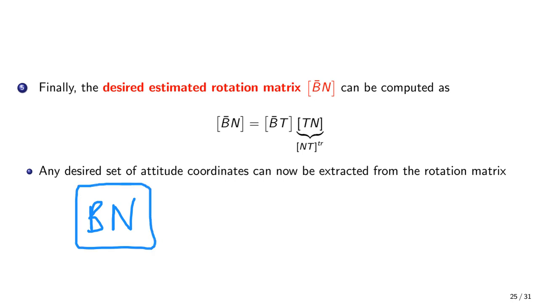So we're going to have it as whatever we have in this bar B matrix, then you're doing a dot product, not a cross product here, with your NT, and then you transpose it. You're transposing this matrix.